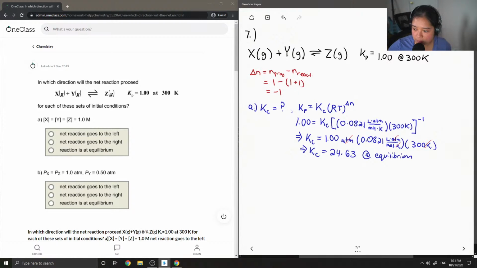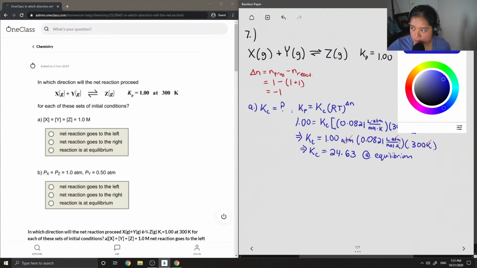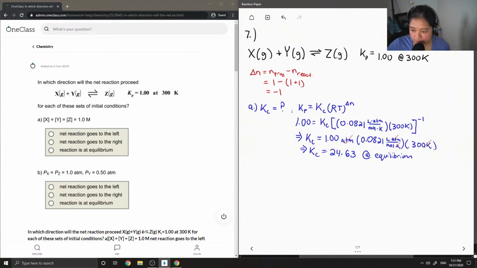So now that we have Kc, the second part of part A is that we need to calculate the value of Q. So basically the reaction that is not present in equilibrium is equal to Q. And basically Q is equal to the concentration of your product over the concentration of your reactants.